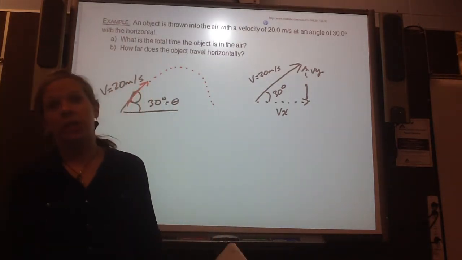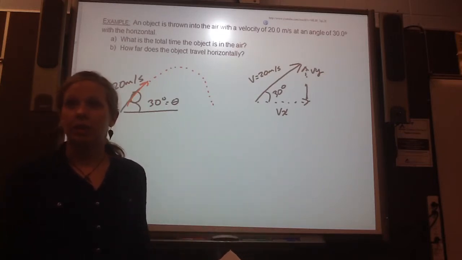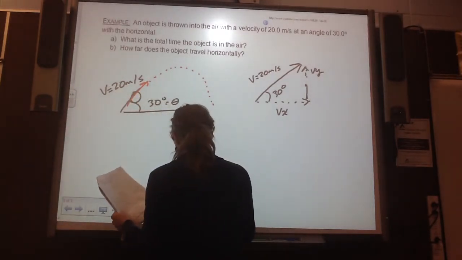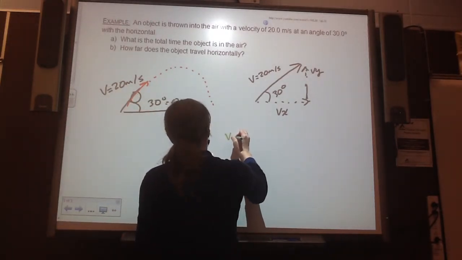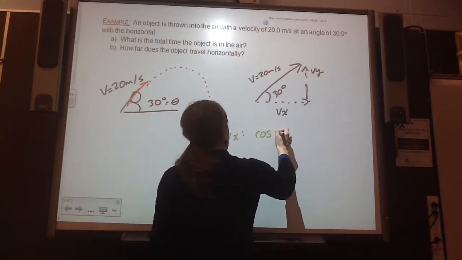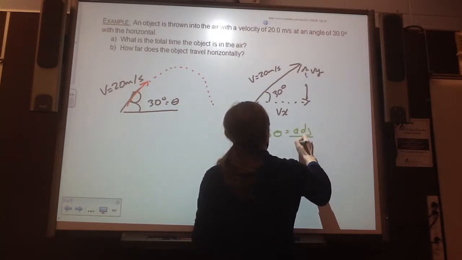Well, how do I do that? Use trigonometry. So to figure out my Vx, cos theta equals adjacent over hypotenuse.